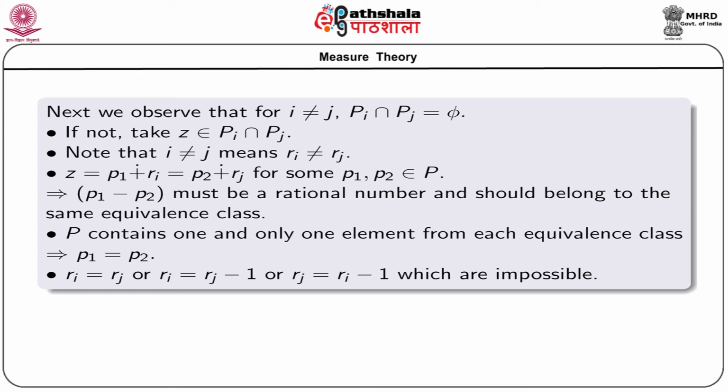Otherwise, ri will be equal to rj minus 1 or rj will be equal to ri minus 1. But again see that since ri and rj both belong to [0,1), ri minus 1 or rj minus 1 are negative. So, they cannot belong to [0,1). So, this is impossible. Hence, this proves our second assertion also.